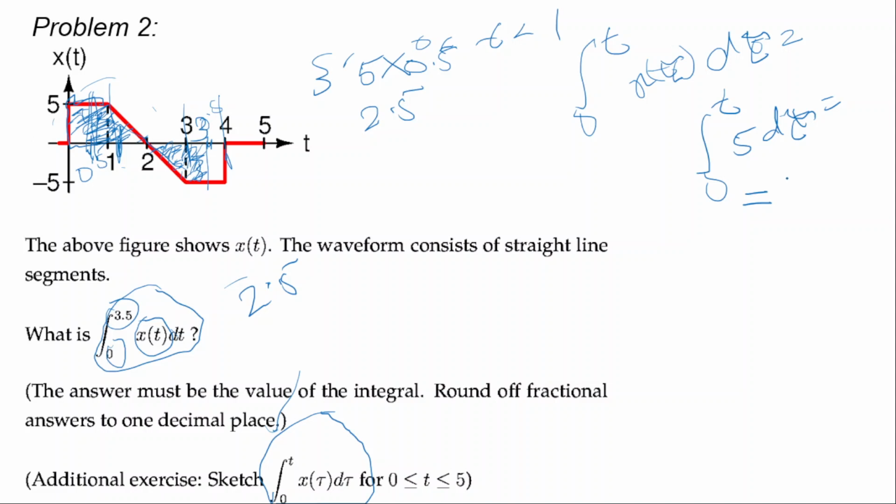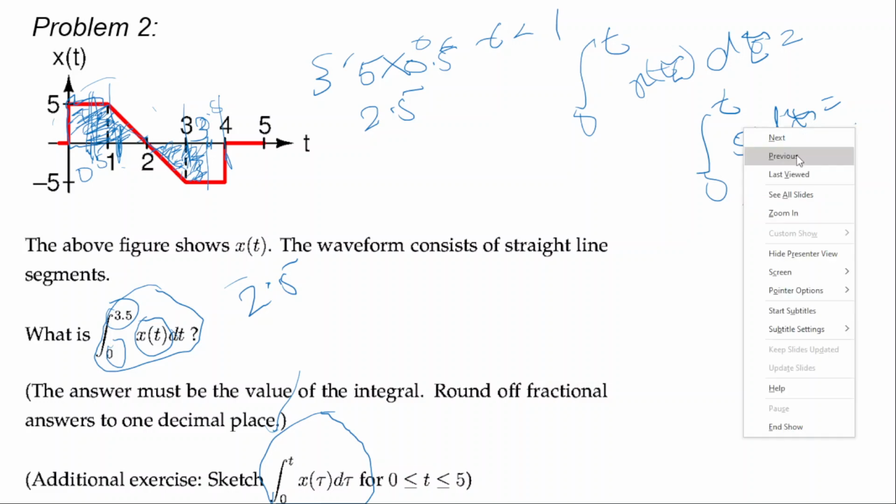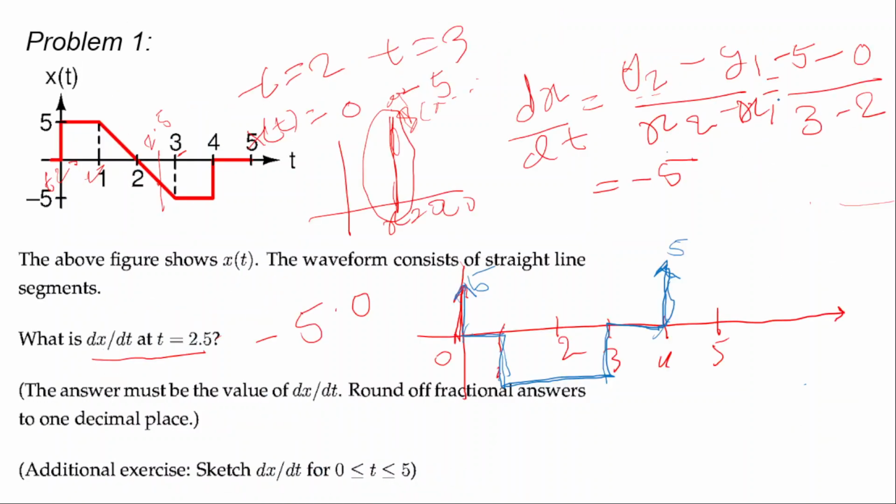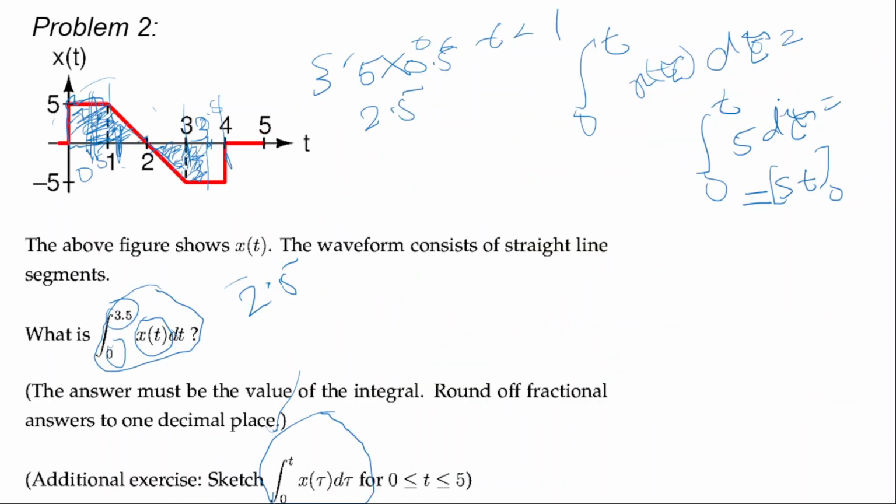Okay, so now this will be equal to 5 tau, integral from 0 to t. Now if we put the limit, then it will become 5t, with t greater than 0 and less than 1.